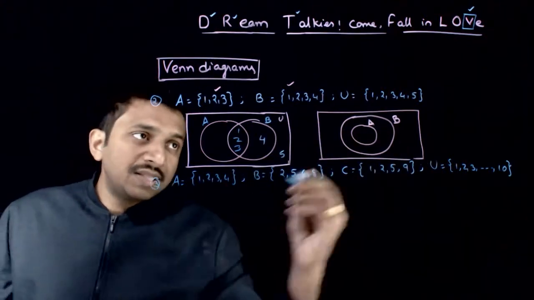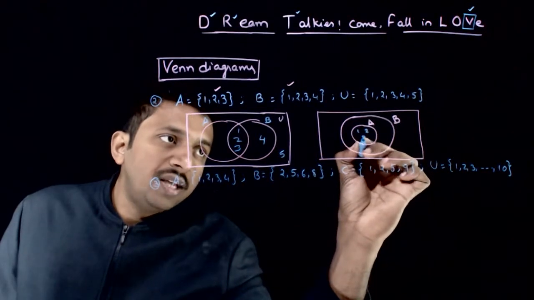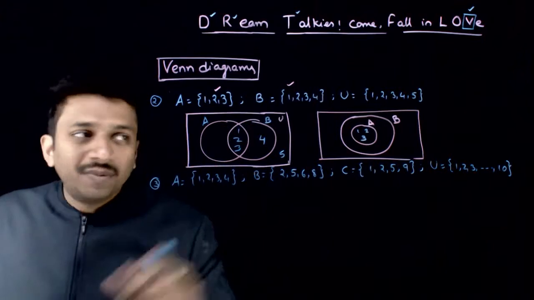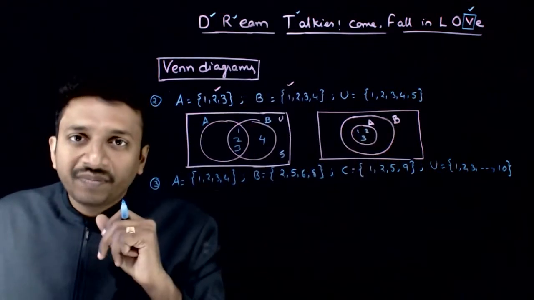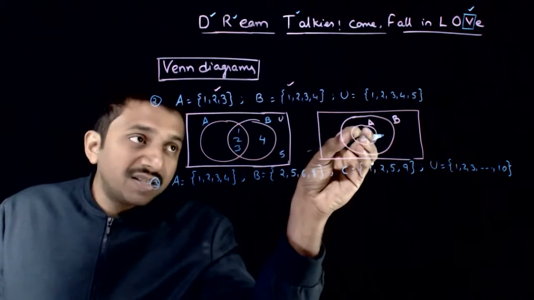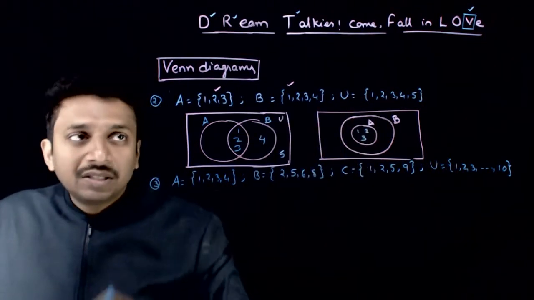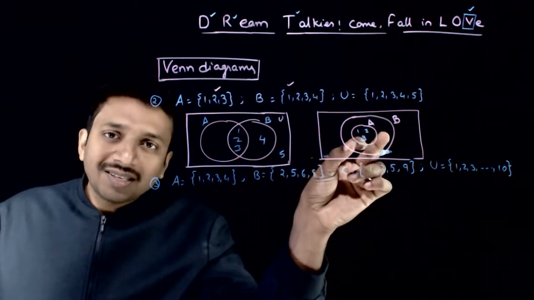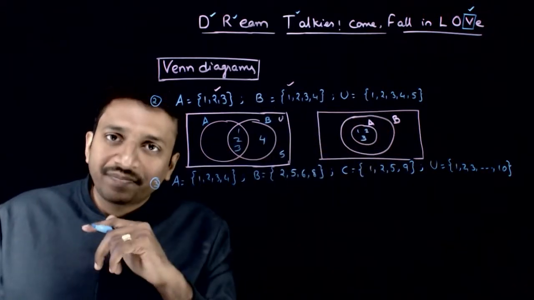In the set A you have 1, 2, 3. Obviously this set is contained within set B. That means A is a subset of B. It's very clear from this diagram that A is inside set B, that is A is a subset of B. So whenever you have one set a subset of the other, you draw that set completely inside the second set.